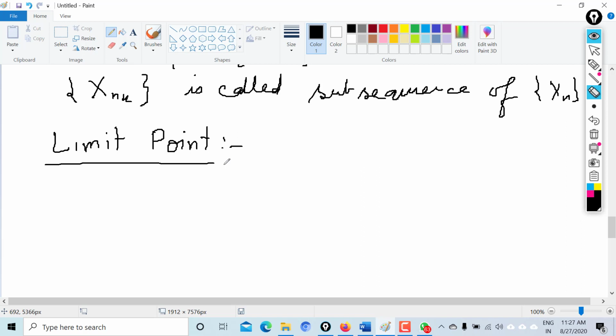That point will be called a limit point. Let us see the definition of the limit point.